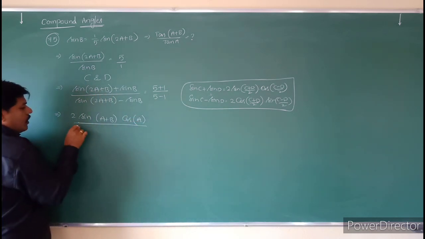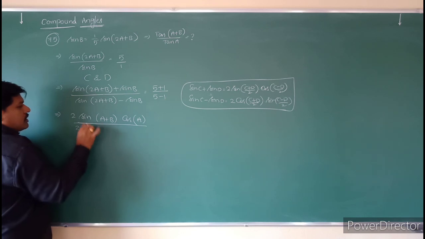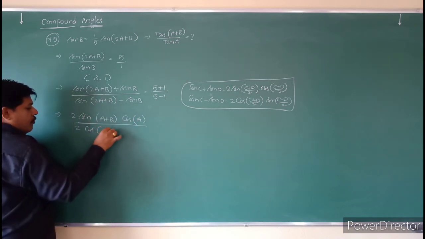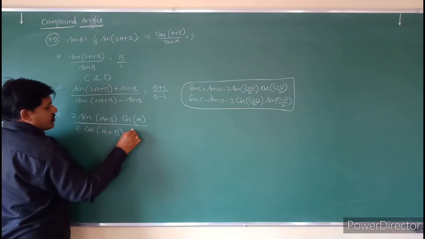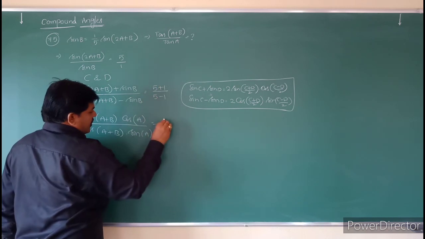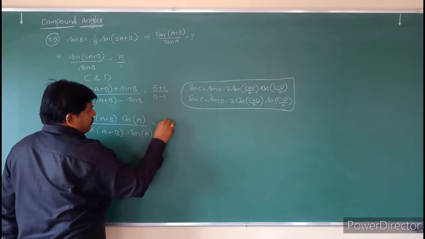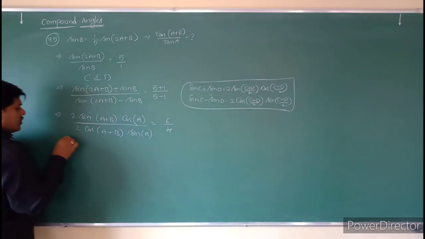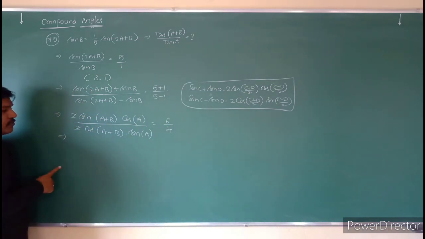In the denominator sin c minus sin d, 2 into cos of a plus b into sin a, that is equal to 5 plus 1, that is 6 by 4. So that implies 2 will be cancelled, students.